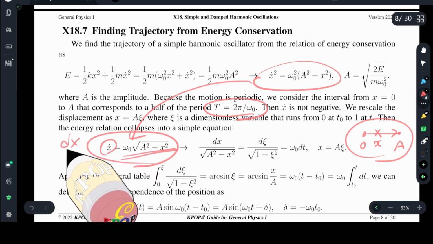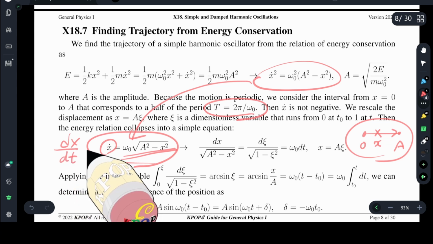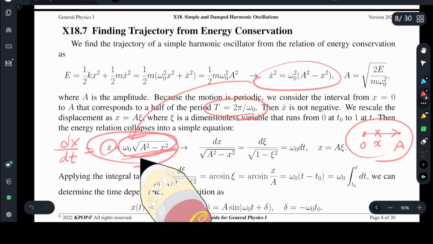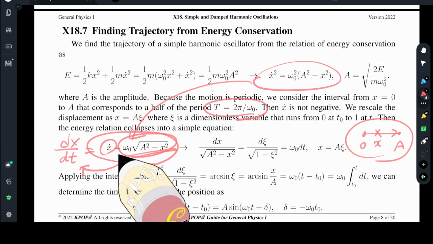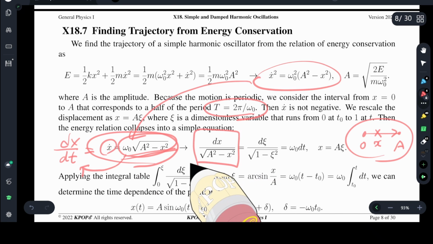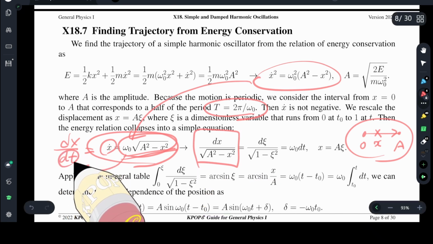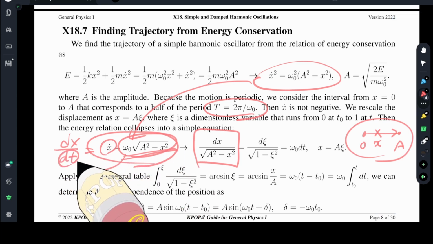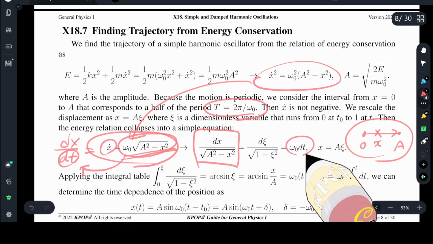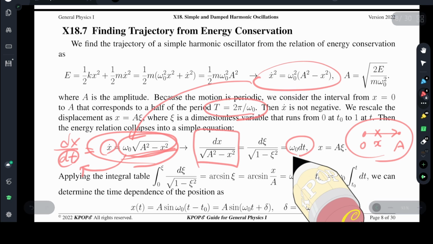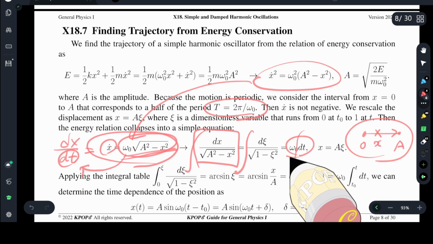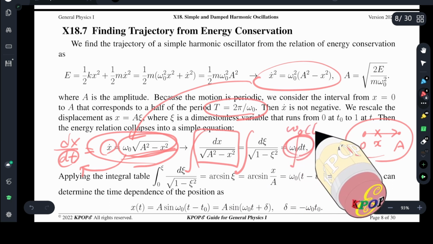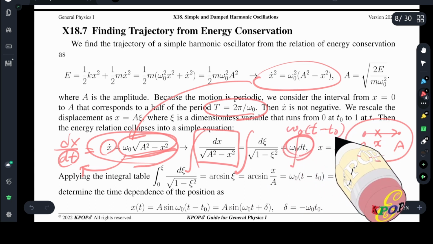This is dx over dt, separation of variables. Divide both sides, then you find the expression for x only. Then multiply both sides by dt, and you have the expression for t only. This is a total differential, a trivial integral. So this is omega 0 (t minus t0).